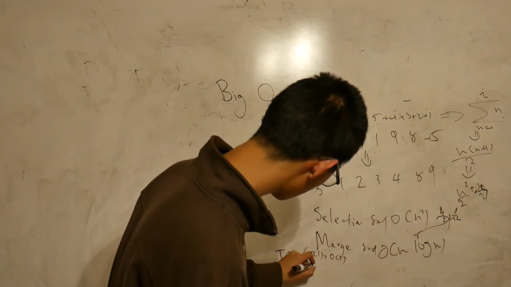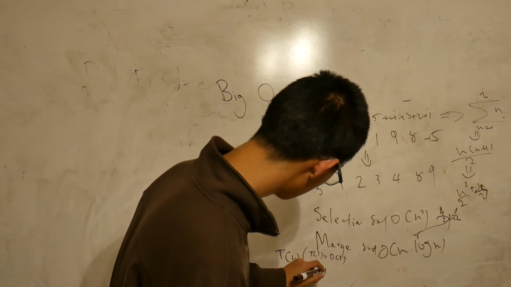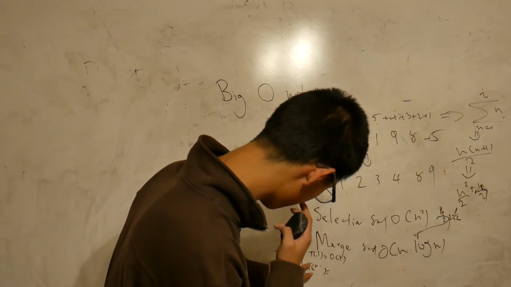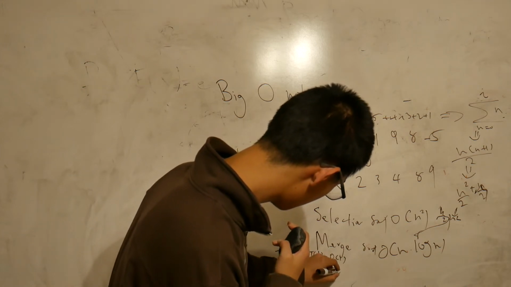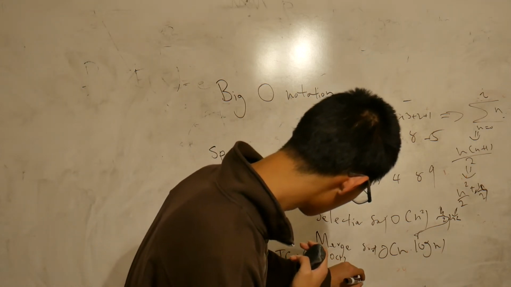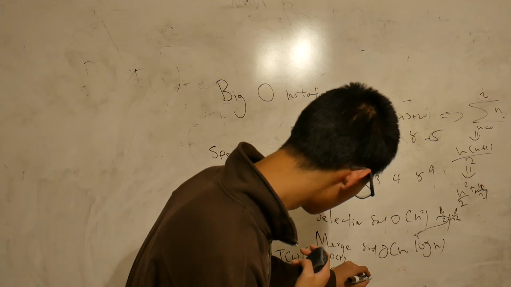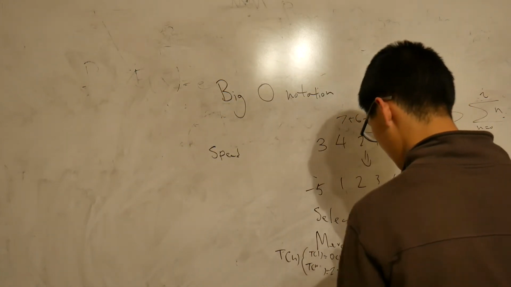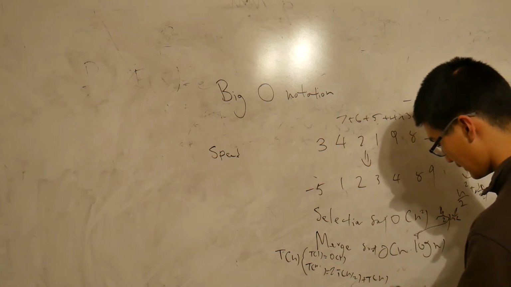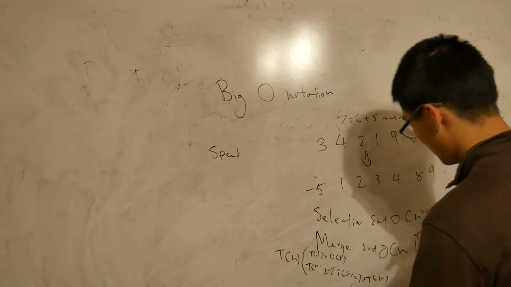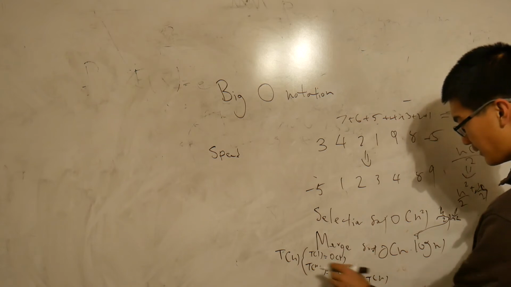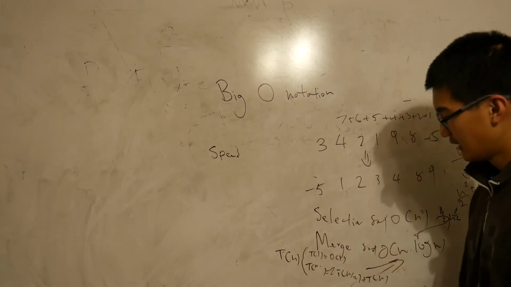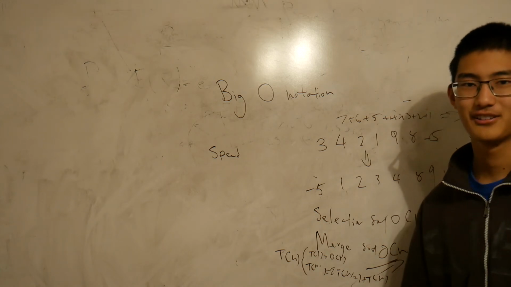If it equals anything else, T of n equals 2T of n over 2 plus O of n. I think this is correct. And there's some mathematical way to transform this into O of n log n. Okay, so this is big O notation.